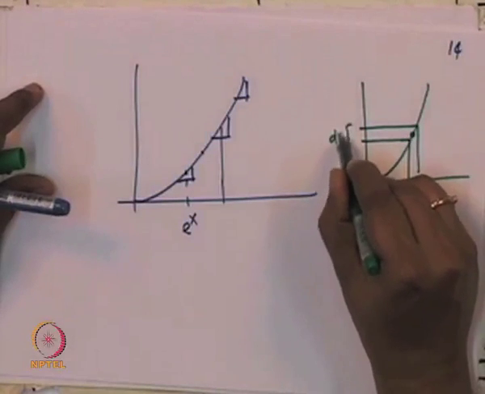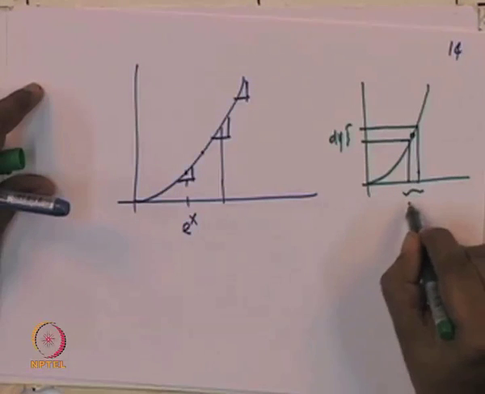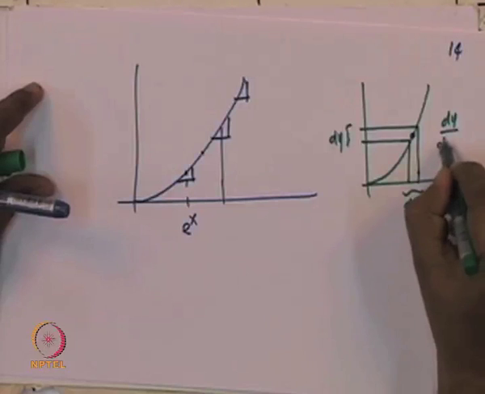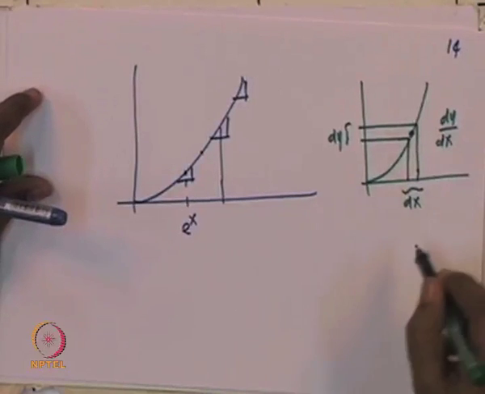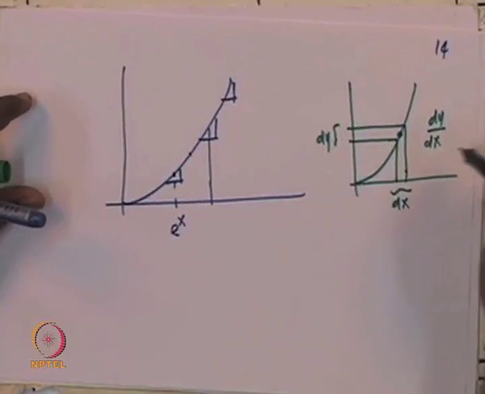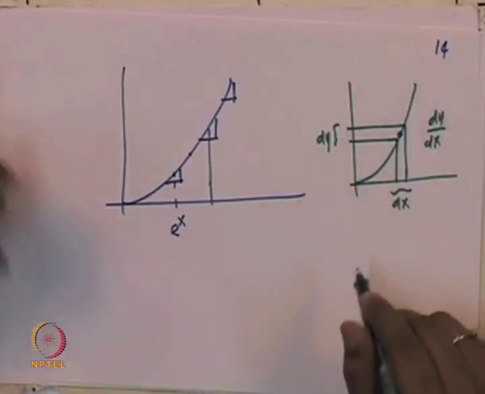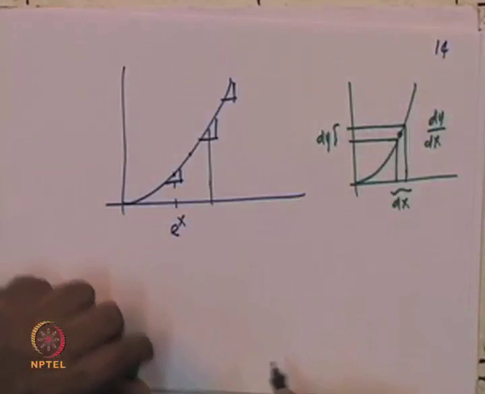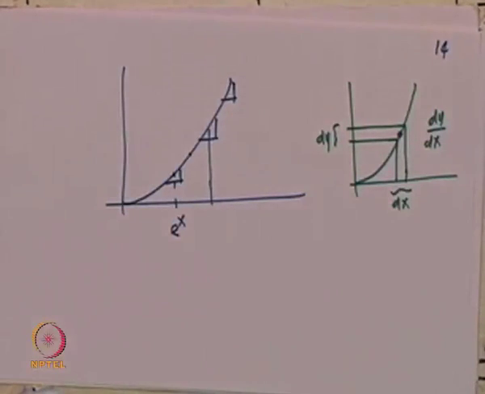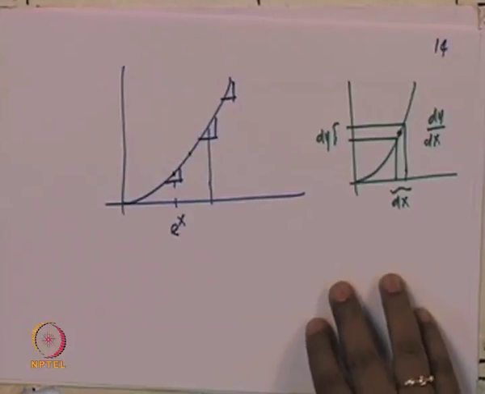This is dy and this is dx, and dy by dx will be e power x. Take some other point, calculate dy by dx, and you will get the value e power x. So, you should try this graphically and convince yourself also that the derivative of e power x is e power x itself.